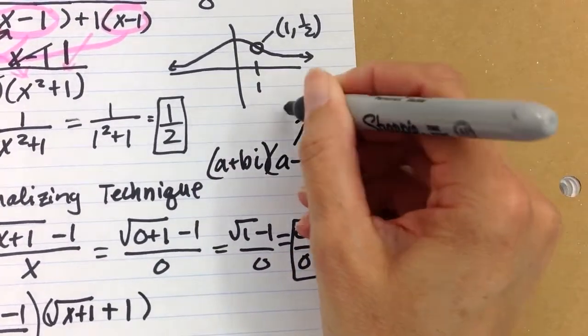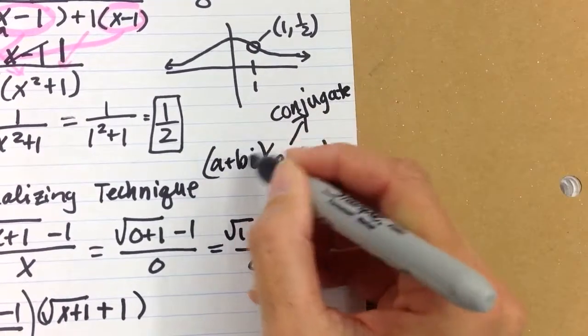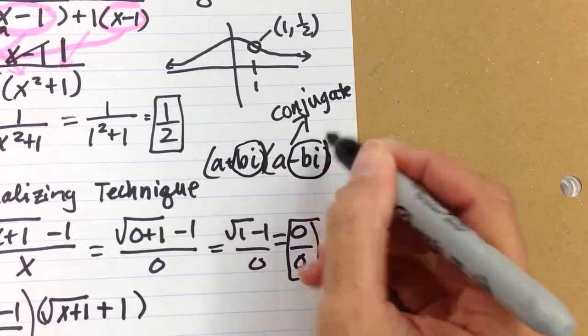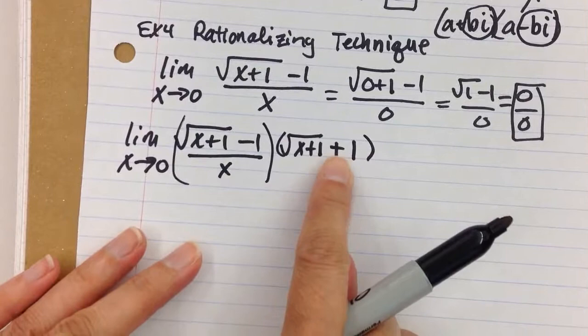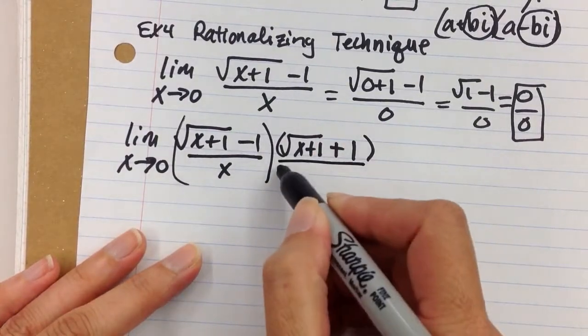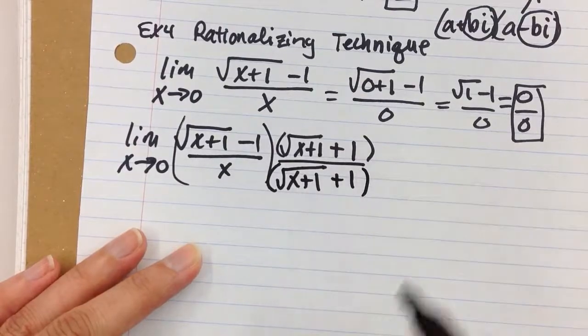That is called the conjugate. It's like the opposite, but you only make this last term opposite. So this minus 1 becomes a plus 1. And whatever I do to the top, I have to do to the bottom. So we're also going to multiply the bottom by the square root of x plus 1 plus 1.